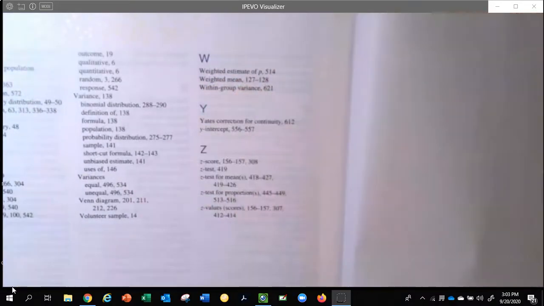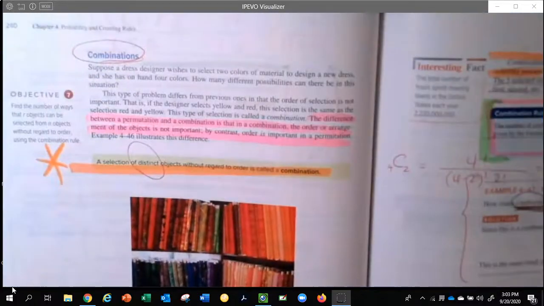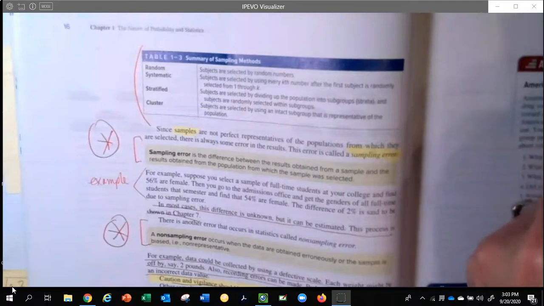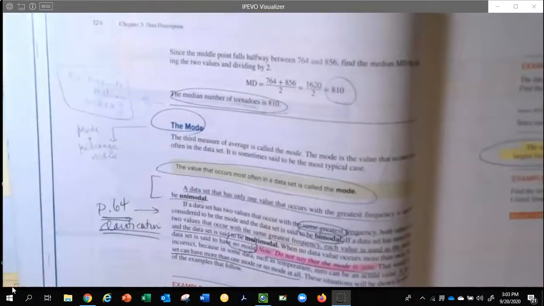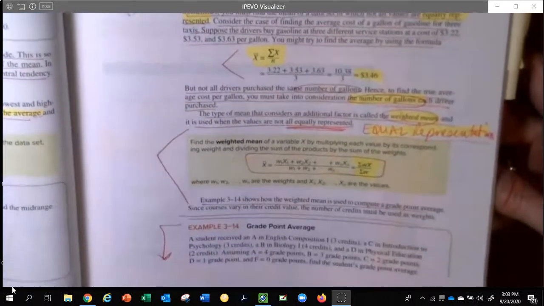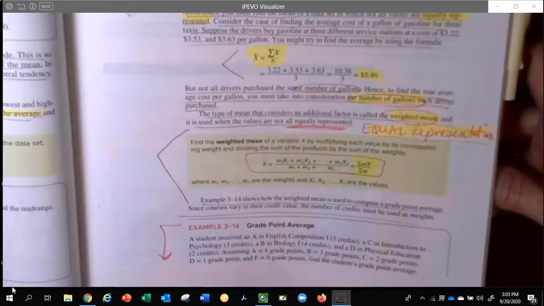Let's look at this weighted mean. So I'll run over here to page 127, and let's see if that's what we need. So when I get over here to 127, down at the bottom of the page for weighted mean is where it has an example for grade point average.